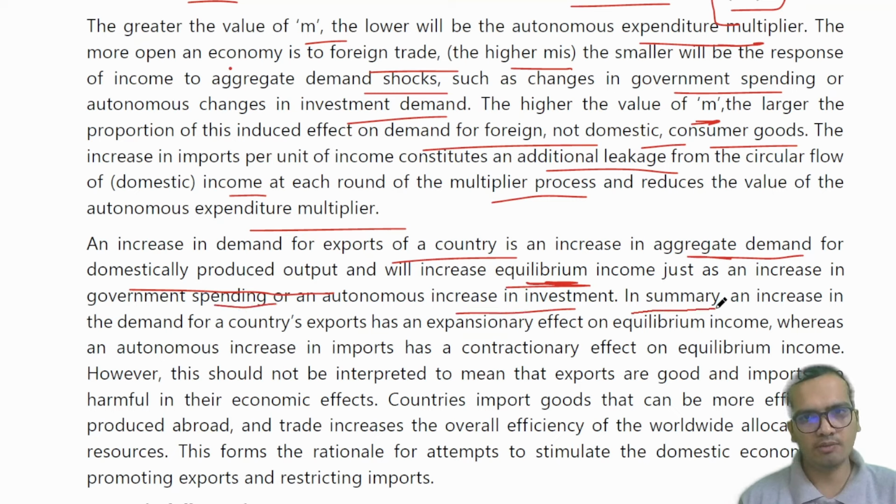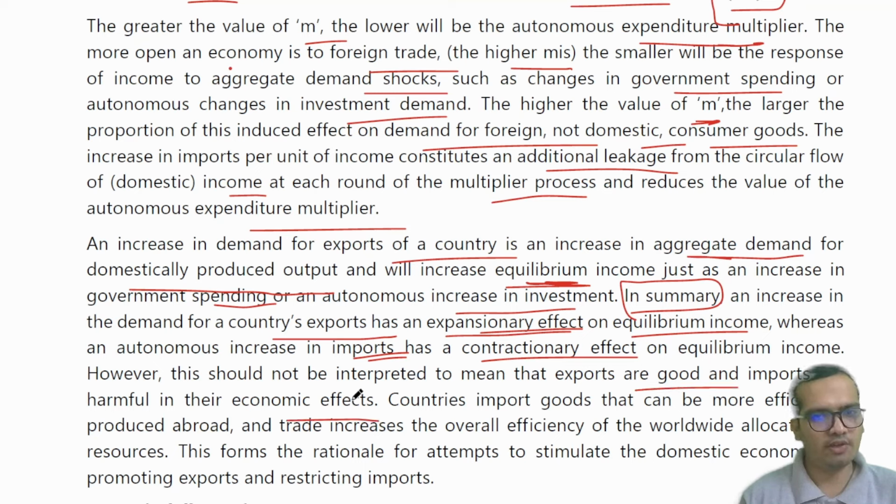So in summary, an increase in the demand for a country's export has an expansionary effect on equilibrium income, whereas an autonomous increase in import has a contractionary effect on equilibrium income. However, this should not be interpreted to mean that exports are good and imports are harmful in an economic effect.